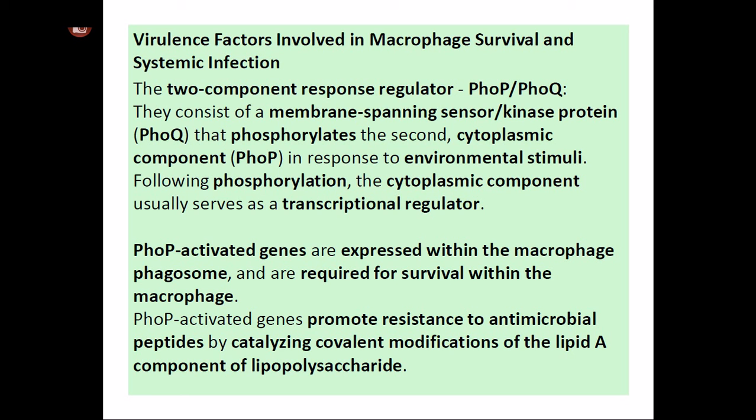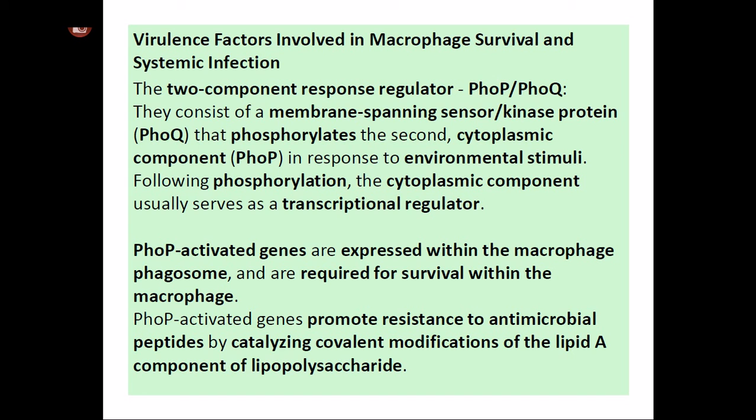PhoQ senses the environment using environmental stimuli and transfers the signal to the cytoplasmic component, here PhoP. Then PhoP phosphorylates certain downstream regulatory molecules, and finally the cytoplasmic response will occur, and the transcriptional regulation of certain important genes will occur.